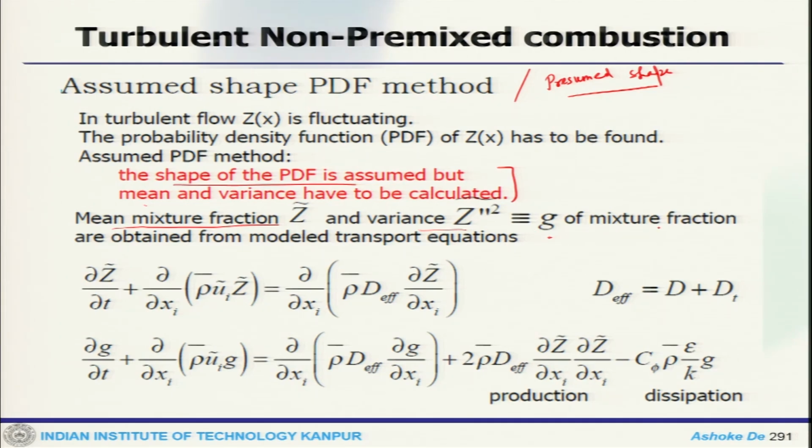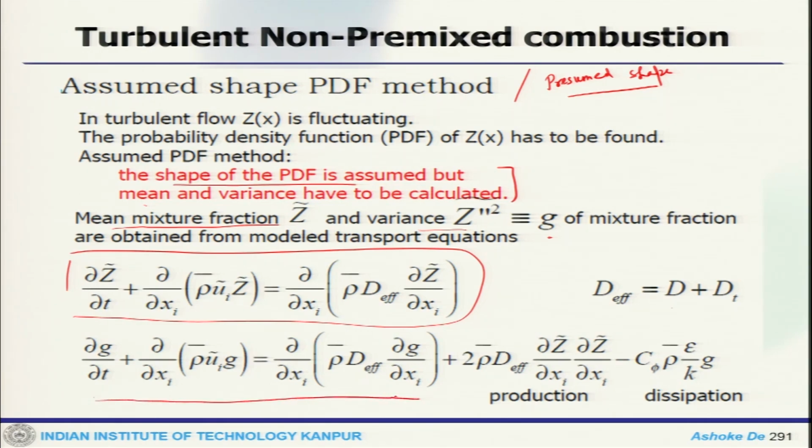So, these are the two transport equations that we get, one for the mean mixture fraction, which is free from a source term, where D effective is D plus D_t, and for the variance equation we get a similar form, with the unsteady term, convection term and diffusion term, but then we get a production of Z variance and the dissipation.